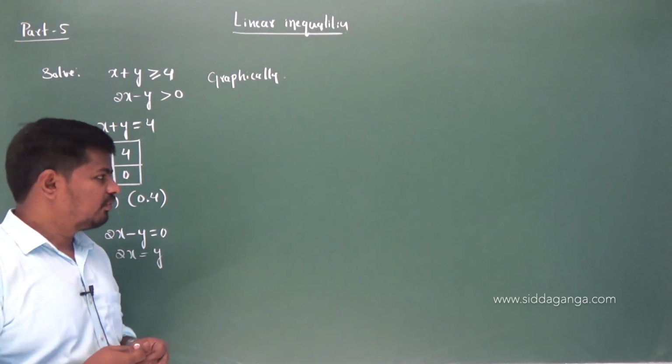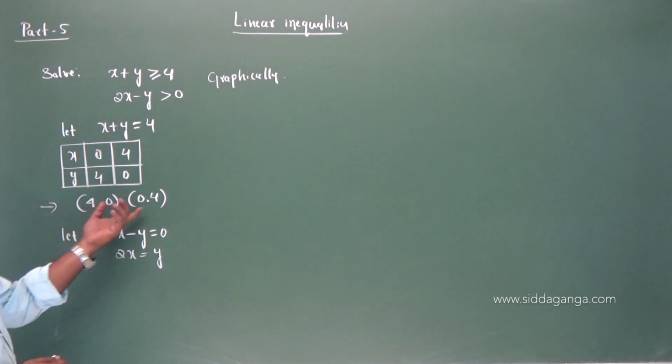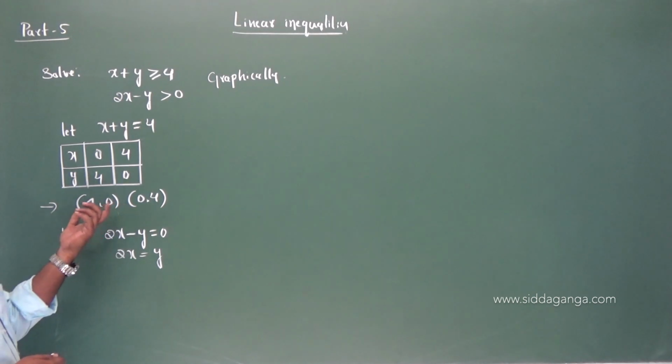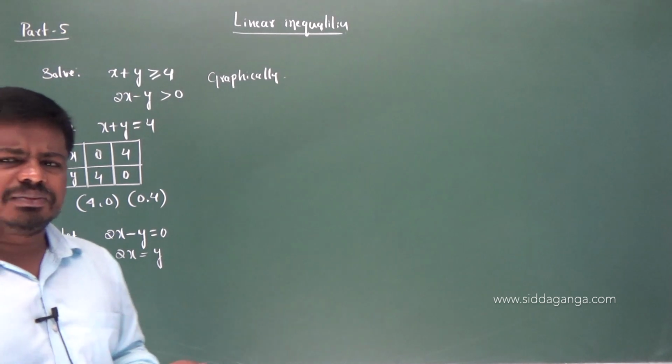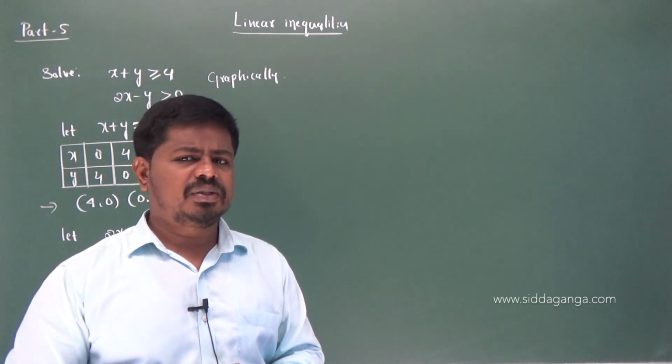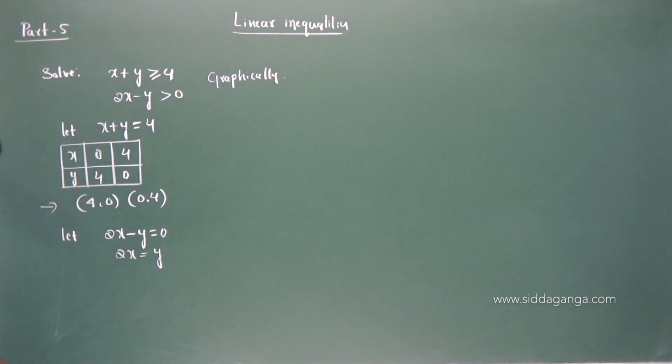When x is 0, y is 0. So the first point is 0 comma 0. Depending upon the scale you take, here we have the points 4 comma 0 and 0 comma 4, so the scale is 1 unit equal to 1 centimeter. Therefore you can take any value of x.